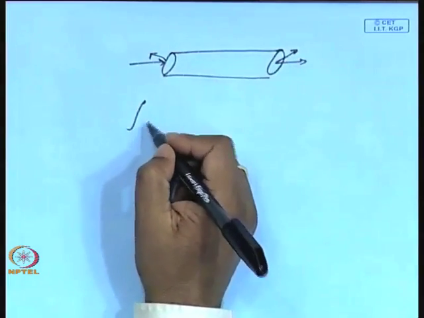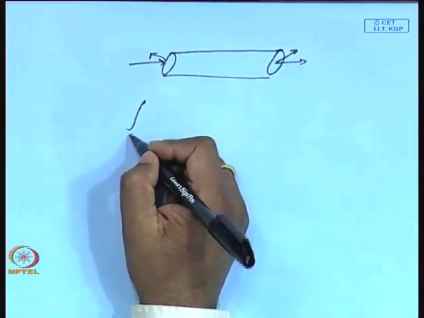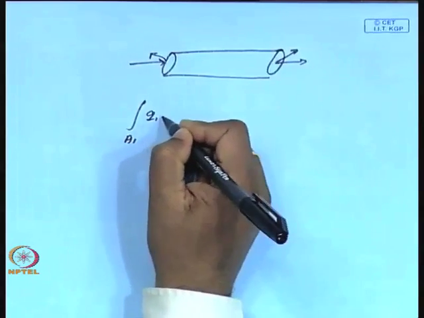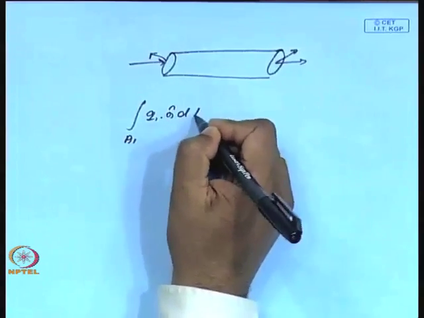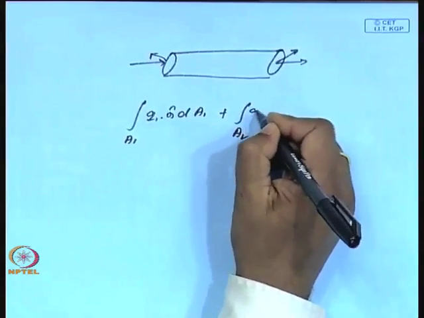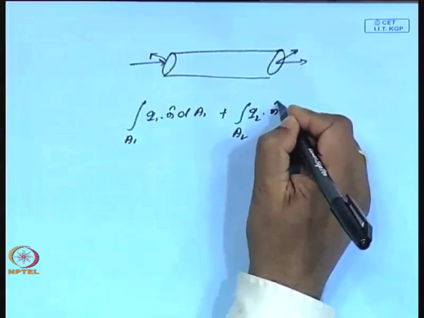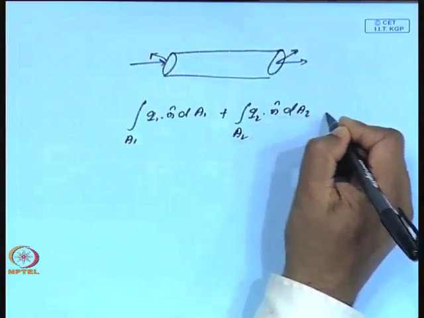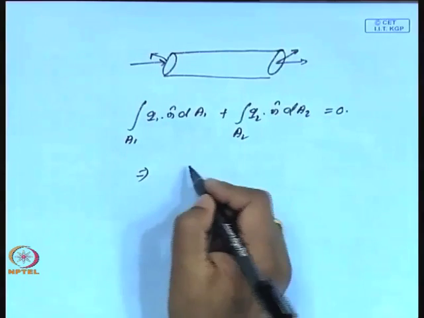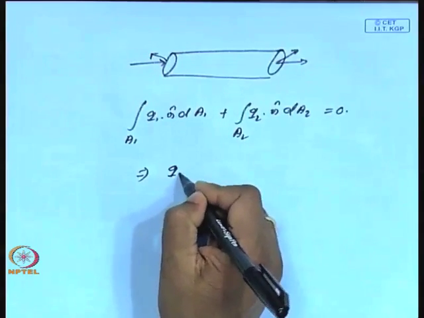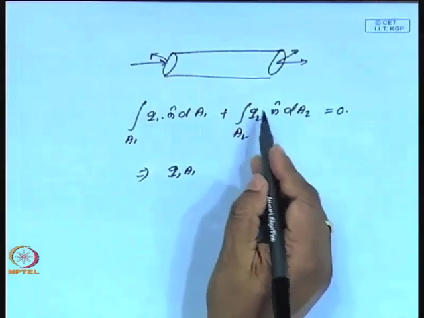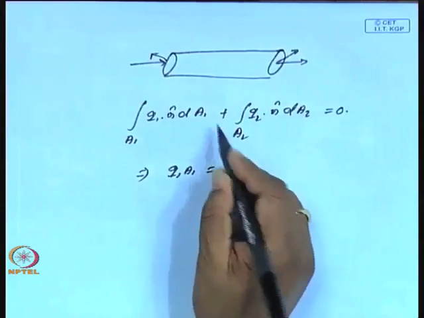So, we will have the integral over S1, that means over A1, of Q1 dot n hat dA1 plus the integral over A2 of Q2 dot n hat dA2, this is 0, which implies Q1 A1 equals Q2 A2, because the normals are in opposite directions, so you will have a negative sign.